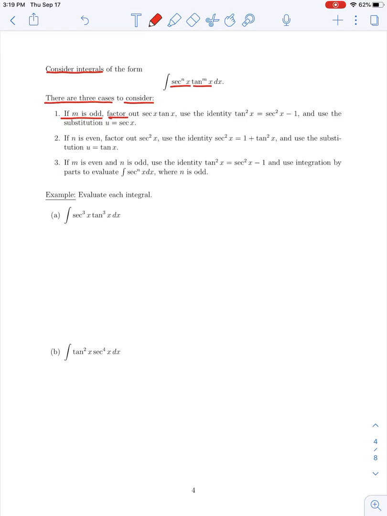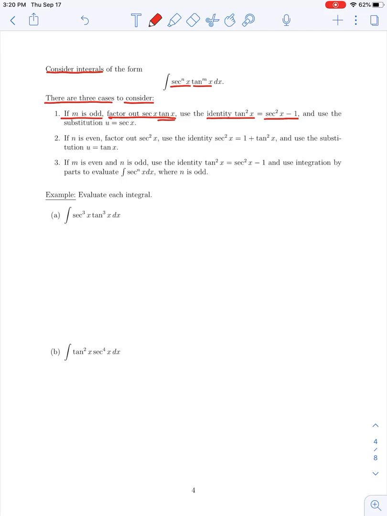Then we will factor out a secant x times tangent x, so that if I had an odd power of tangent, when I factor out something involving tangent to the first power, I will only have even powers of tangent. And I can make use of the identity tangent squared x is equal to secant squared x minus 1 to rewrite everything in terms of secant.